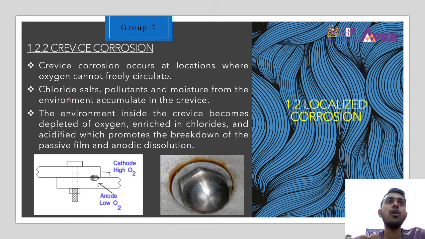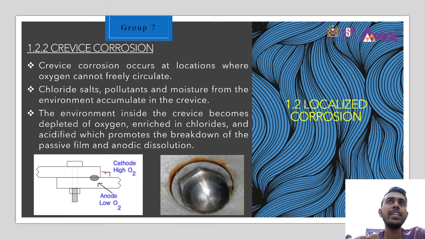The chloride salt, pollutants, and moisture from the environment accumulate in the crevice. The environment inside the crevice becomes depleted of oxygen, enriched in chlorides, and acidified, which promotes the breakdown of the passive film and anionic dissolution.